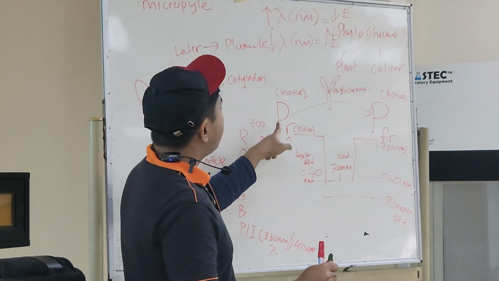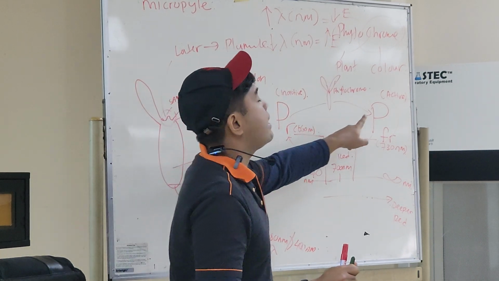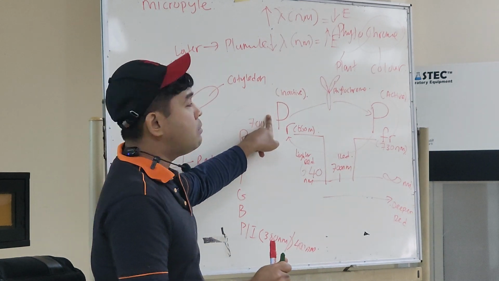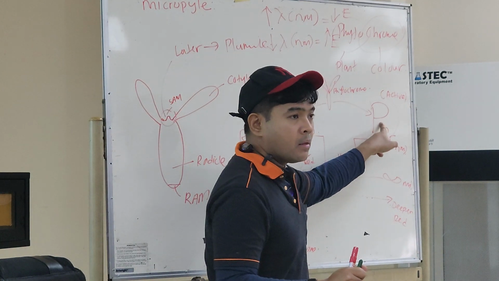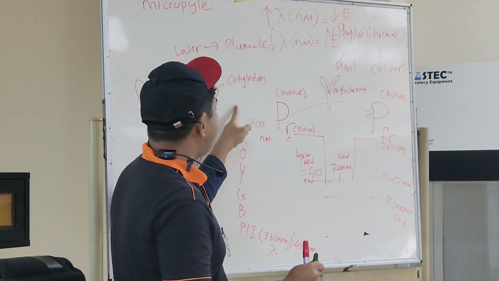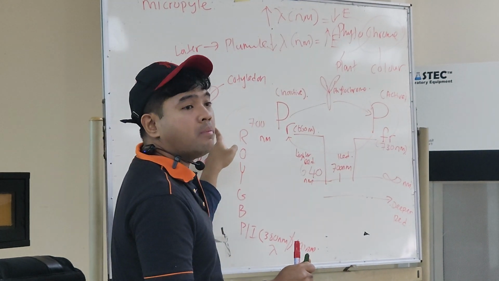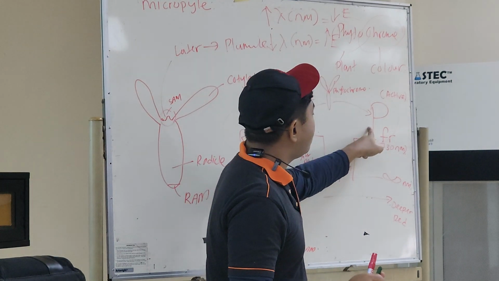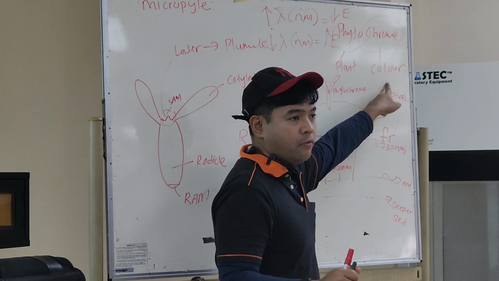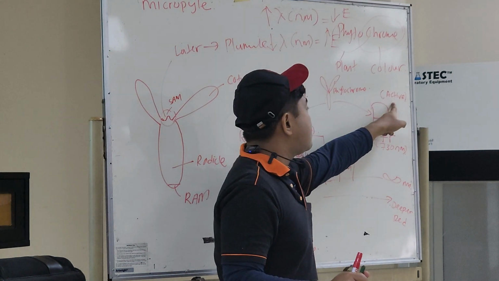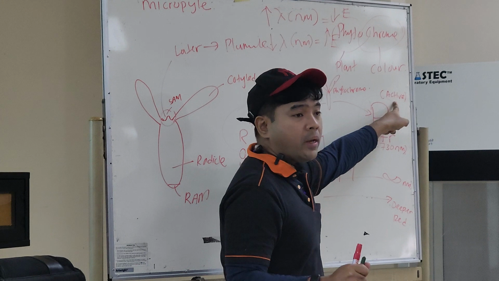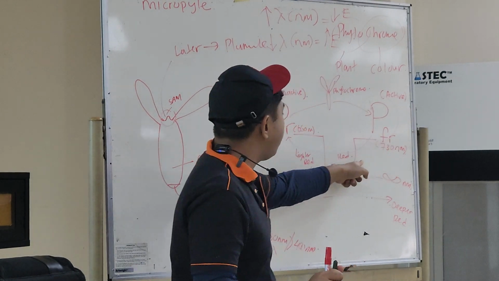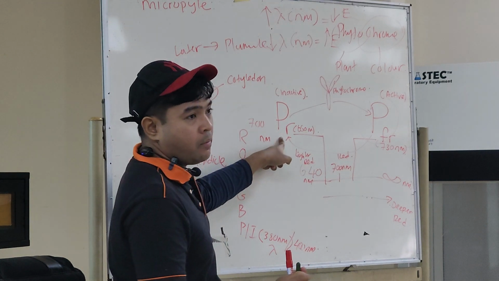It has an inactive form and an active form. You get the inactive form in darkness. The moment the light comes about, in which red is present in abundance, inactive PR is converted to PFR, which is the active form. When this has been going on for quite some time, or suddenly when the light is off, PFR can revert back to PR form.